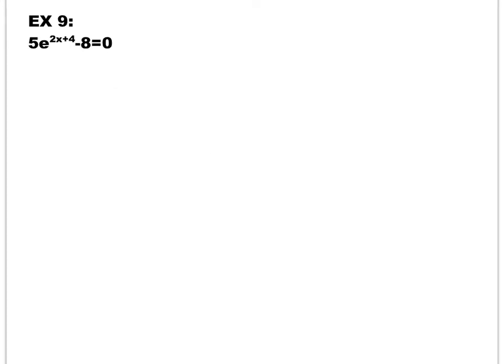The next example, we have to solve 5e exponent 2x plus 4 minus 8 is equal to 0. Again, e here is not a variable, it's the constant 2.7. So I'm going to move negative 8 to the right. I get 5e exponent 2x plus 4 is equal to 8. I'm going to divide both sides by 5.